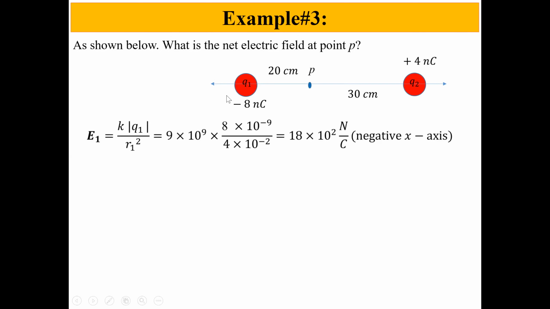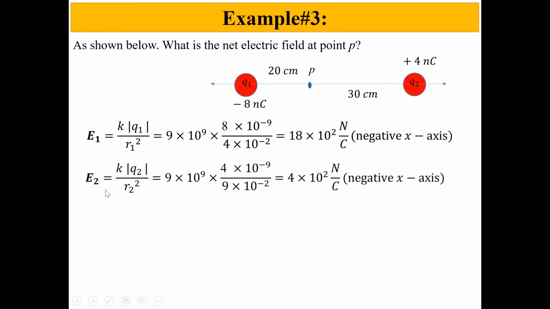Do your calculation, you will end up with 18 times 10 to the power 2 Newton per Coulomb. But for the direction, we know this is a negative charge, and we assumed a positive charge at point P. Therefore, we have attraction, and the direction of the attraction of this test charge will be all the way to the negative x-axis.